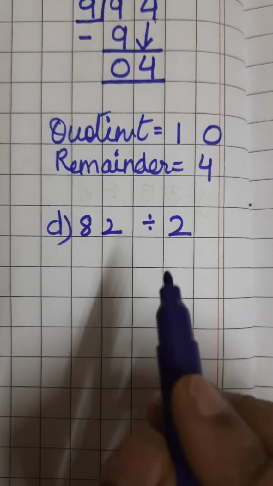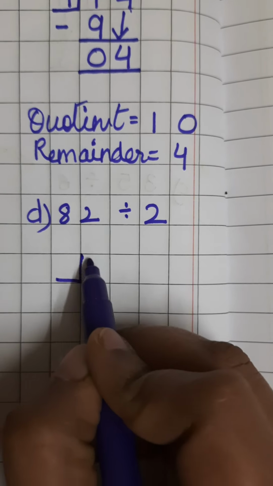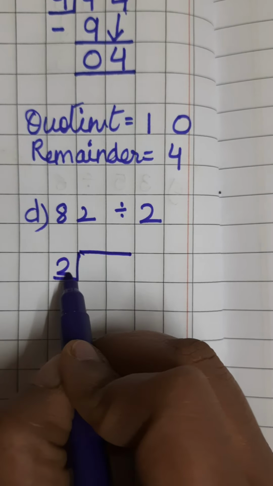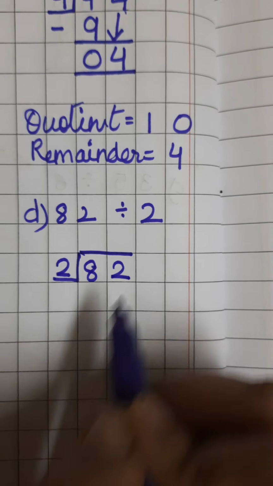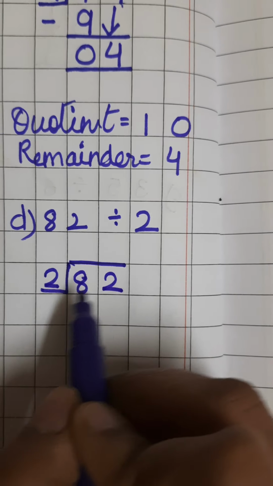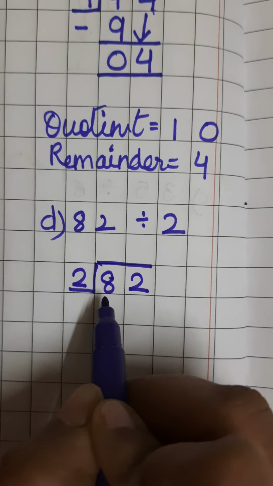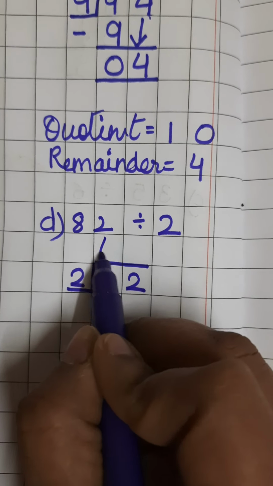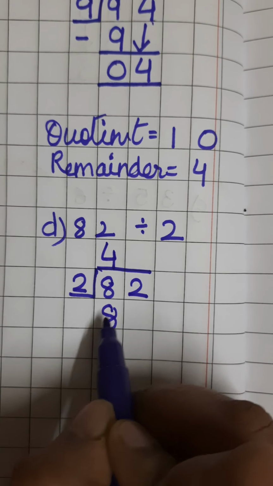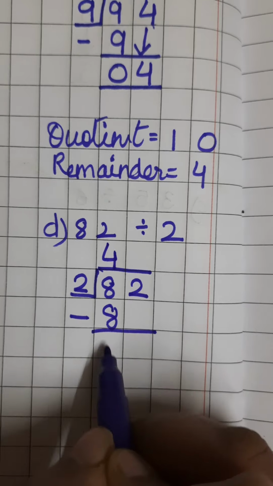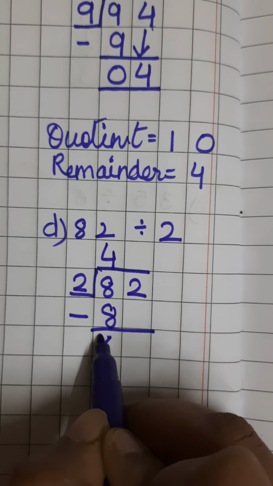Moving on to our next and last example. Division symbol, writing the divisor, the dividend. Now here it seems pretty much clear. First digit 8, it comes in 2's table, right? So 2 4s are 8, subtracting it, 0 or cross.